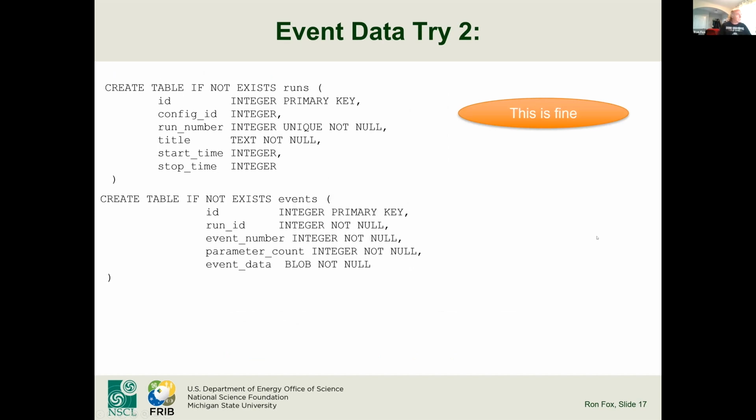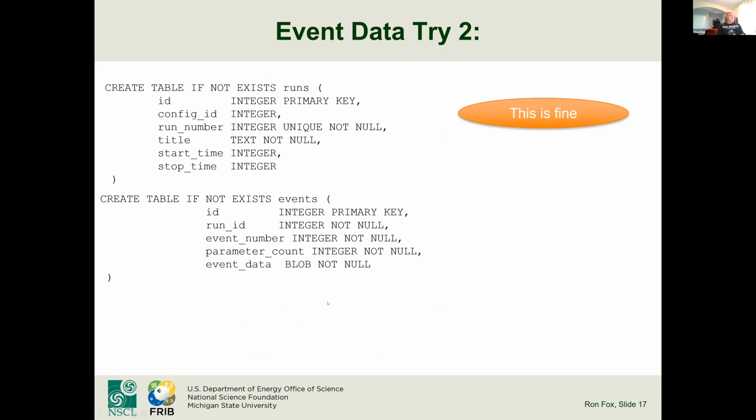What we did basically was put the data for a single event inside of one row of the table in a blob. We added this parameter count field, the number of parameters that have been assigned a value by the event processing pipeline. Events are sparse. If you look at that Sega detector in one of the early slides, in any given event, maybe only 2 or 3 of those detectors might have a hit in them.